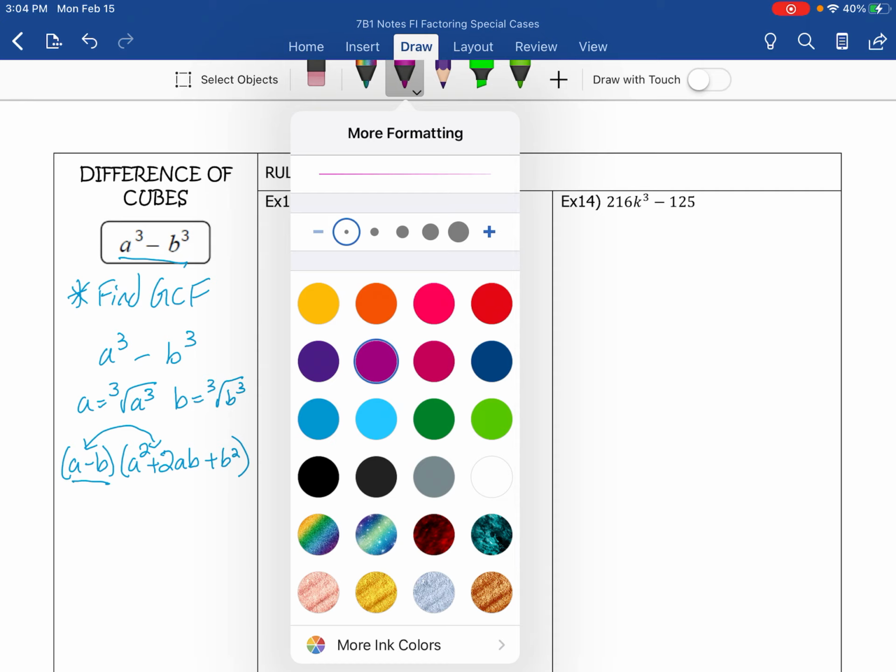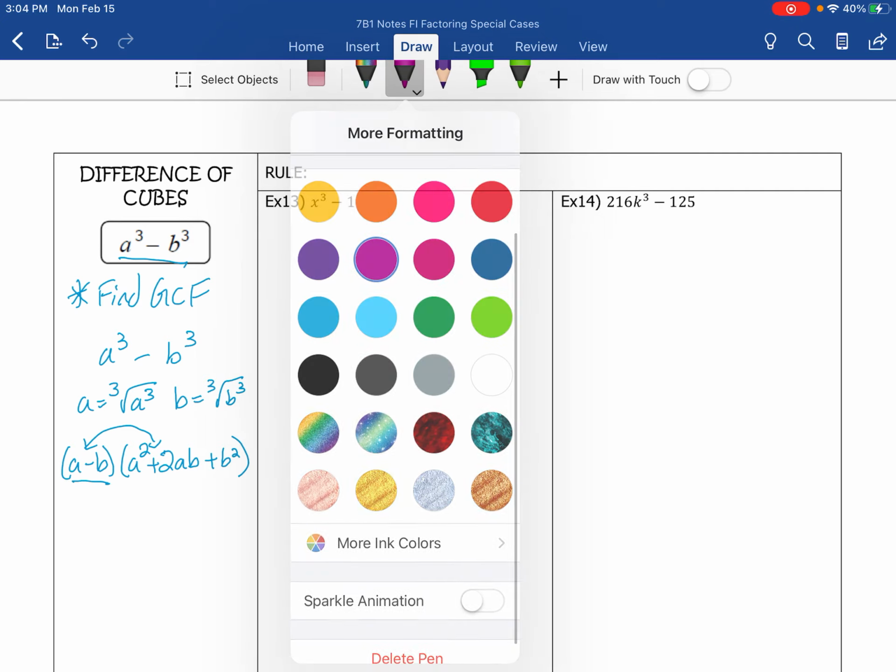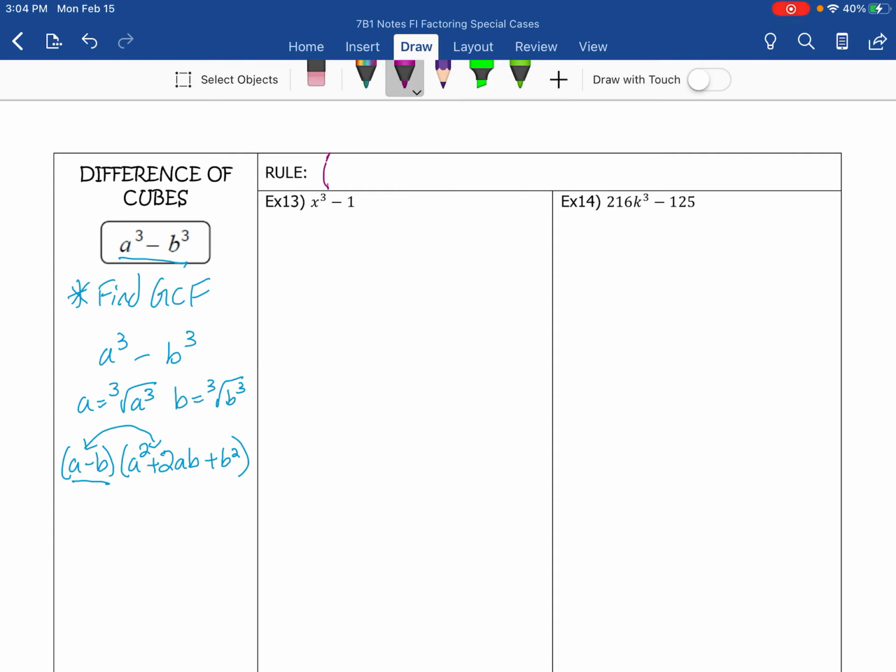This starts with a minus b because the original problem has an a minus b. If it starts with a plus b, then it has an a plus b, and you need to have that minus in there. So the official rule is a minus b times a squared plus ab plus b squared. So we do the same thing that we did with the other ones.